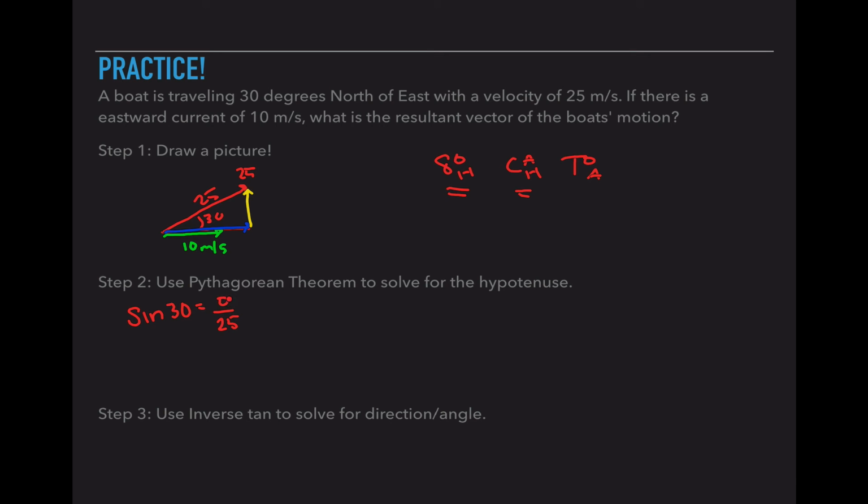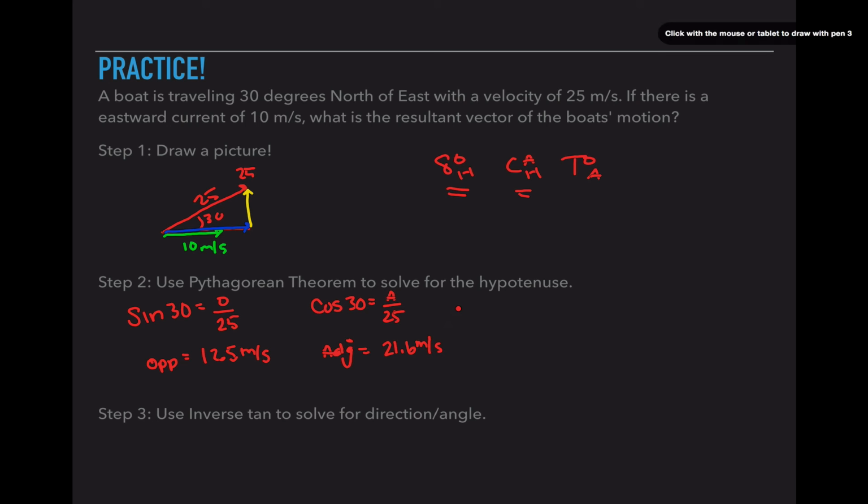So in order to solve for that opposite leg, or that yellow leg, I'm going to multiply these two numbers together. And our opposite leg is 12.5 meters per second. We're going to do the same thing for the adjacent leg. Cosine 30 equals adjacent over 25. I want to get the adjacent by itself, so I'm going to multiply those together. And the adjacent leg is 21.6 meters per second.